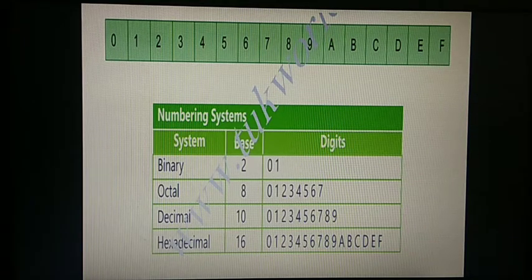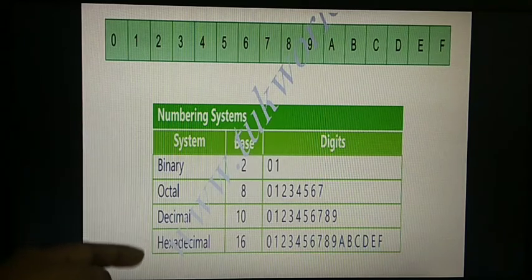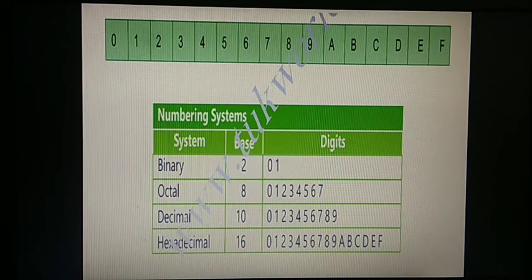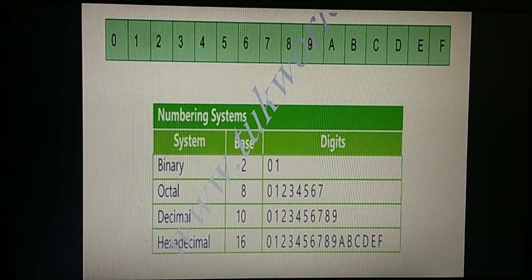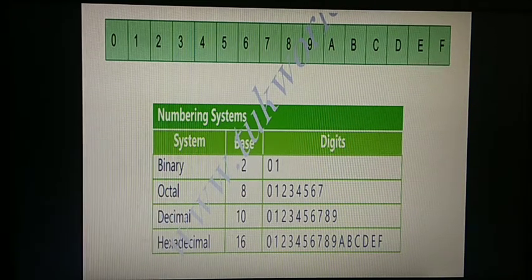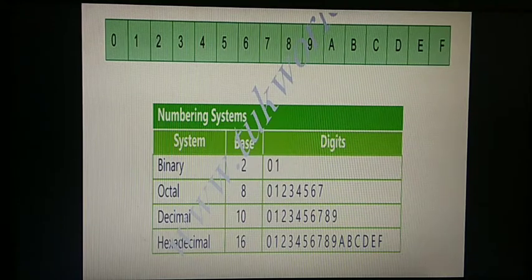You can see in the chart what we have learned in our earlier lectures. Binary works with 2 digits, so the base is 2 and the digits are 0 and 1. In octal the total number of digits is 8, so the base is 8 and the digits are from 0 to 7.